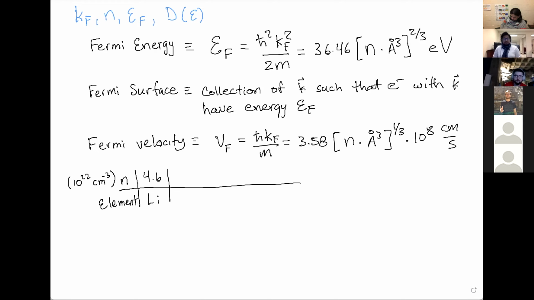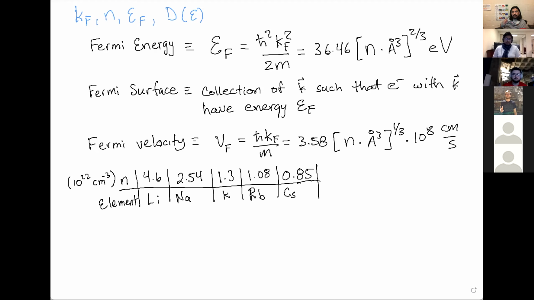Another one that is in that same row is sodium, and you get 2.54. Another one is potassium, and you get 1.3. Rubidium, you get 1.08. And then cesium, you get 0.85.